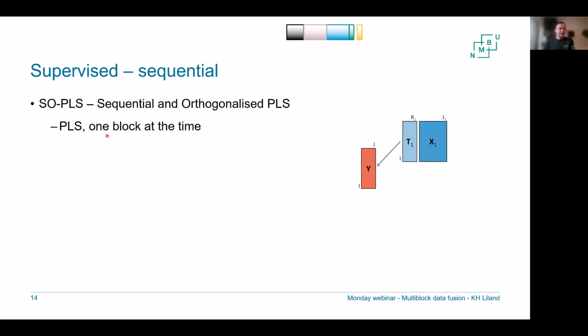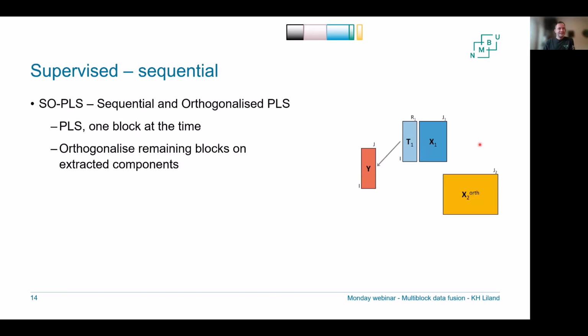We are doing now PLS one block at a time, starting with our first block, for instance, an NIR block. We do our PLS regression against the response. We get our scores and loadings pertaining to this. Everything is very simple and easy so far. Next, we have to orthogonalize all the remaining blocks on what we have extracted here. So we use our scores from the first block, and then we orthogonalize the second block on the scores.